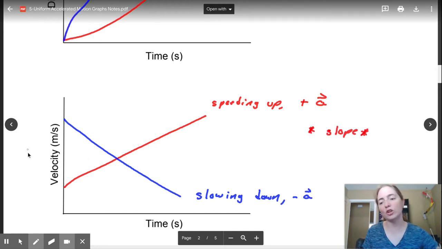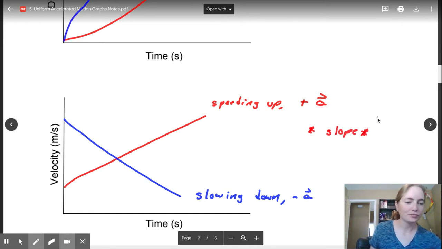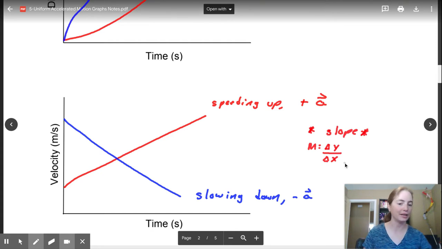We've got velocity over time. So remember that your equation to your slope, and in y equals mx plus b, that's m, is your change in y, so your y2 minus y1, divided by your change in x, so x2 minus x1.